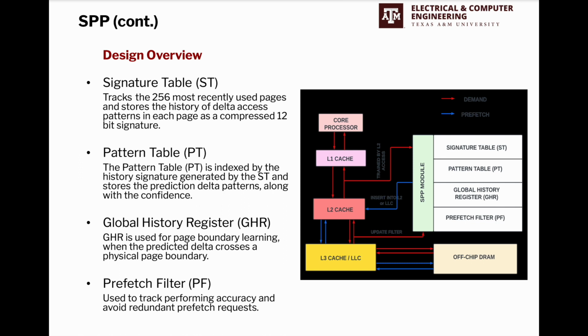Should a prefetch request cross a 4 kilobyte physical page boundary, the SPP avoids issuing the prefetch and instead routes this information to the GHR to facilitate learning about page boundary behavior. The SPP's effectiveness stems from its ability to learn from L2 cache access and to direct prefetch request to either L2 or LLC based on the confidence level of the prefetch prediction.